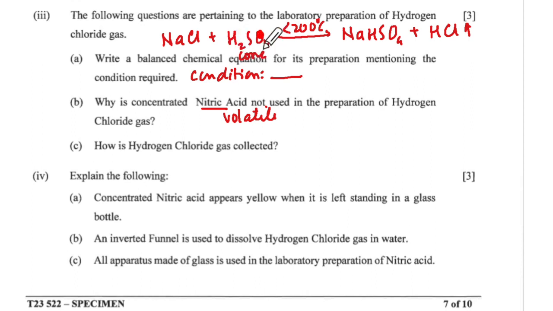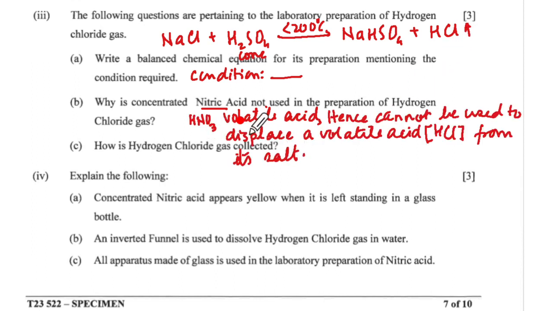So in place of H2SO4, if we were to use HNO3, it will volatilize out along with this, and we will not get HCl as the only gaseous product. So we say nitric acid is a volatile acid. That's the key word. Hence we cannot use it to displace a volatile acid like hydrochloric acid from its salt.